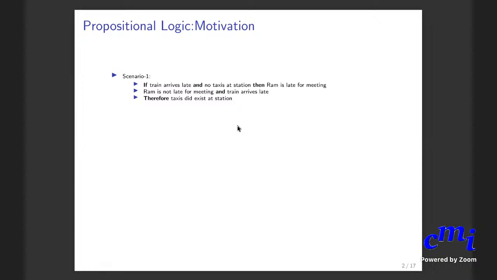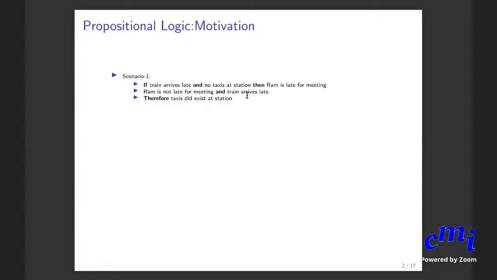and therefore you conclude that taxis did exist at the station. Why? Because, since Ram is not late for the meeting, suppose taxis did not exist at the station.